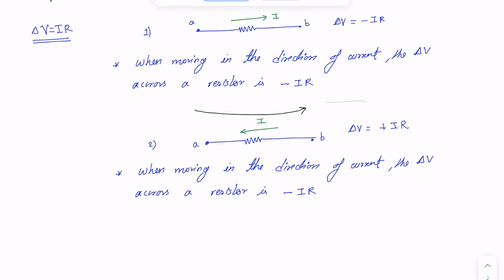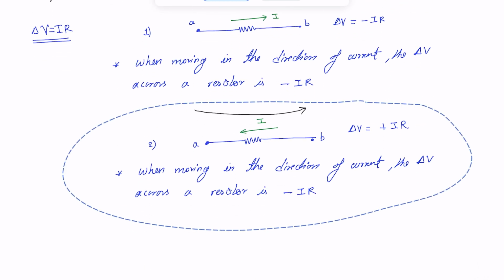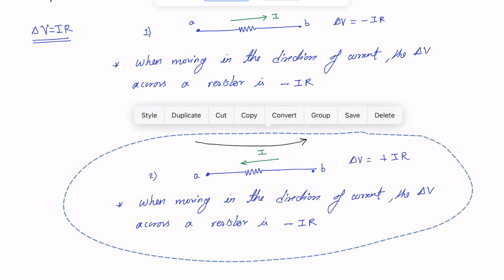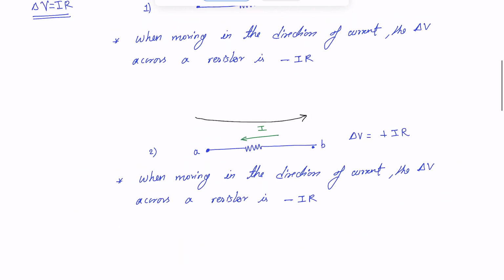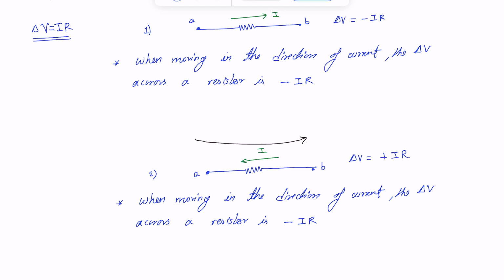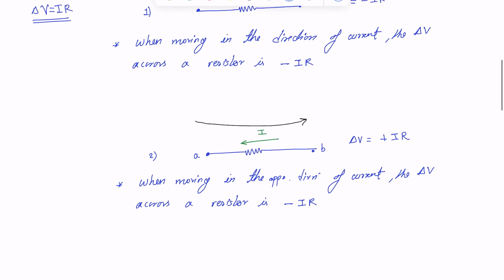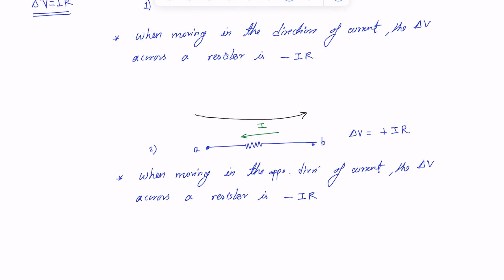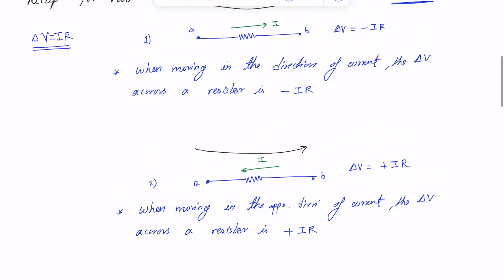Actually, we're talking about rule 2, but we have a sub rule, and that is, when moving in the opposite direction of the current, the delta V across a resistor is plus IR. So we are talking about case 2.